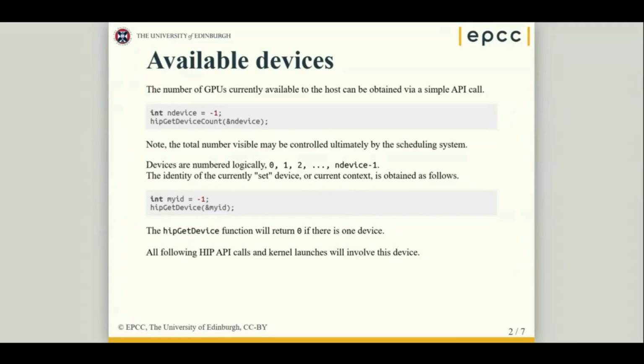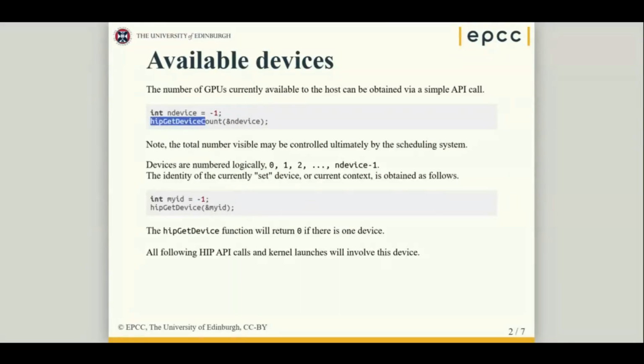So if we have one device, the device ID will be 0. If we have two devices, they will be 0 and 1. At the beginning, if you check the exercises, we used hipGetDevice, which if we have only one device returns 0, so the device ID will be 0.